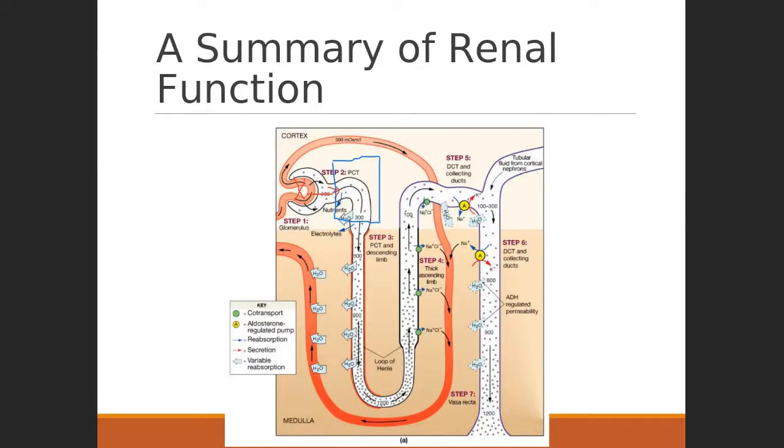Anything that didn't get reabsorbed there makes its way into the descending limb of the loop of Henle. Descending limb of the loop of Henle is only permeable to water via osmosis. In order for us to have osmosis there, we need to have a hypertonic environment.